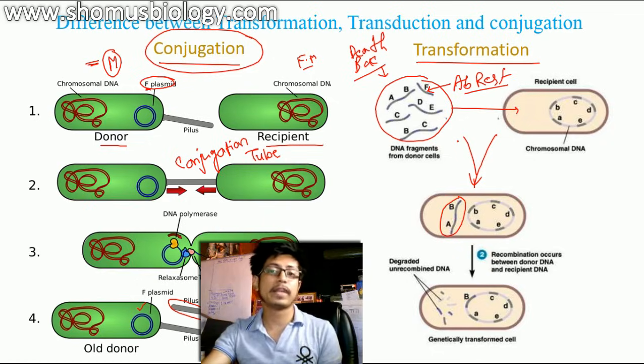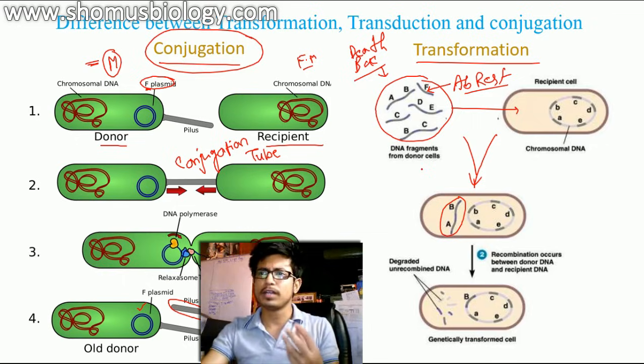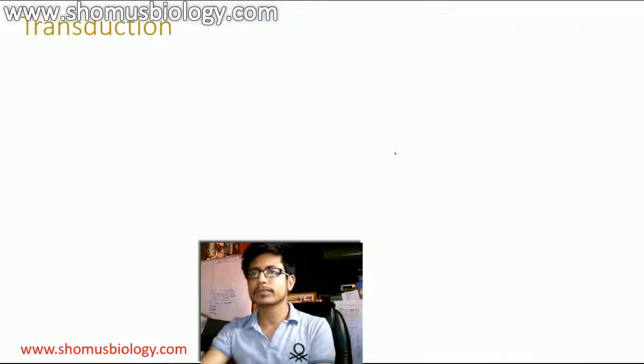In this fashion, they acquire a lot of different features, like producing different enzymes and chemicals which fight against antibiotics, and they can also gather antibiotic resistance factors from different cells by this transformation process.